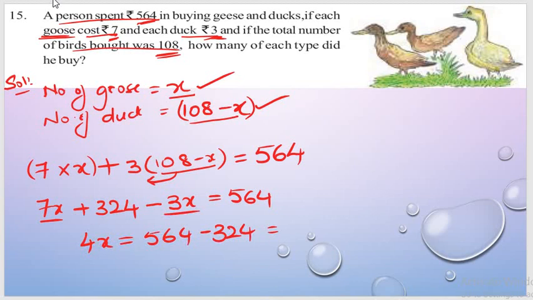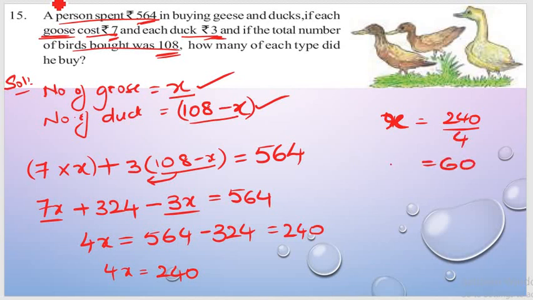Now 4 minus 4 is 0, 6 minus 2 is 4, 5 minus 3 is 2. So 4x is equal to 240, so x is equal to 240 divided by 4, which gives me 60.